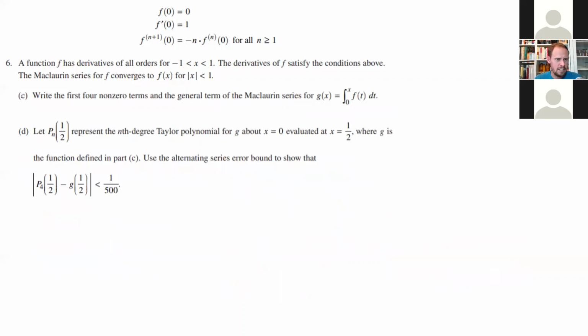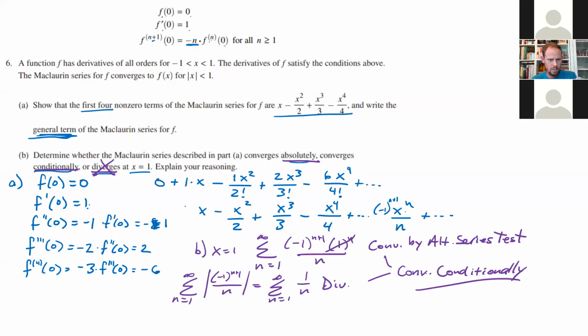All right, part C, write the first 4 non-zero terms and the general term for the integral of that series. All right, well, G of x equals the integral from 0 to x of, well, let me just write in those first four terms. So my first four terms were those, and the general term.